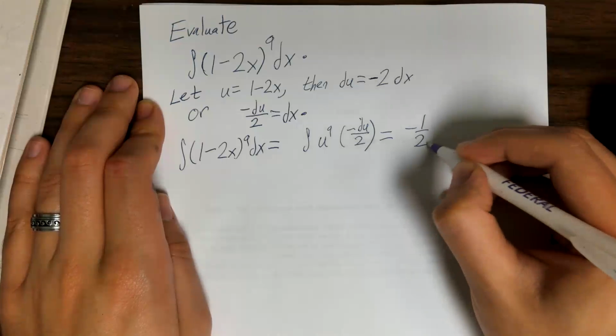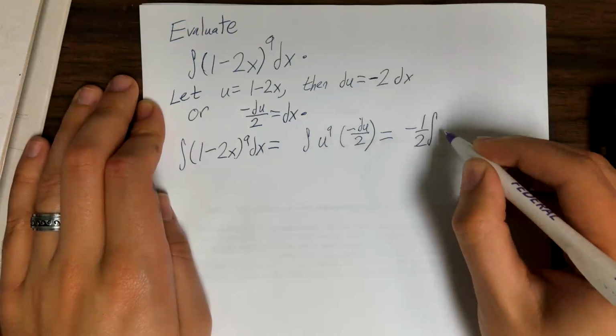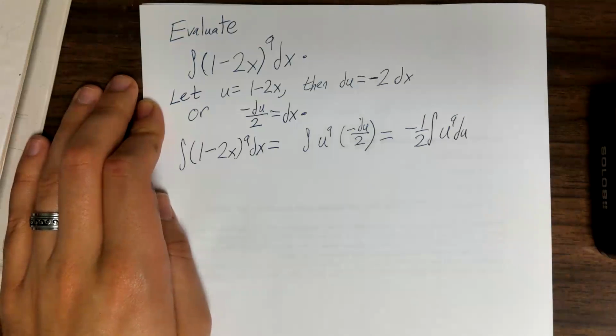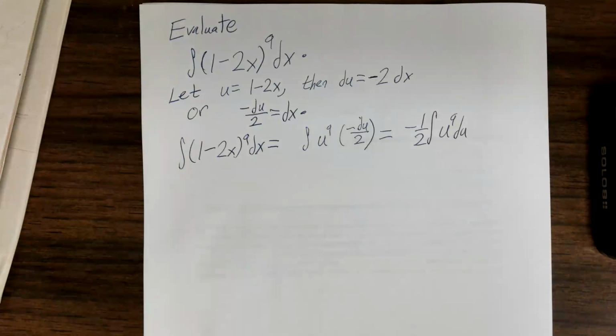So once more, I actually have this 1/2, the integral of u to the 9th power du. So, interesting little thing. We got the same coefficient as last time. But obviously we're not going to get the same end result, right?